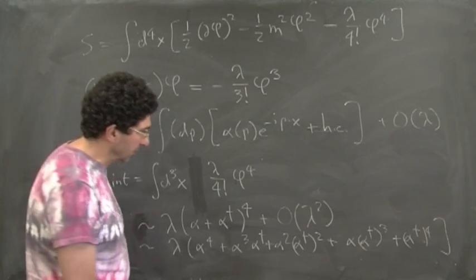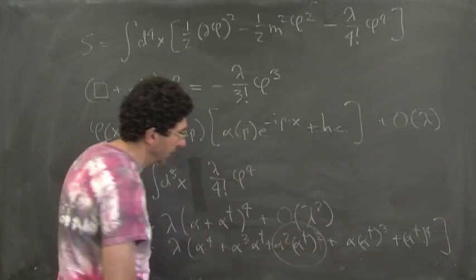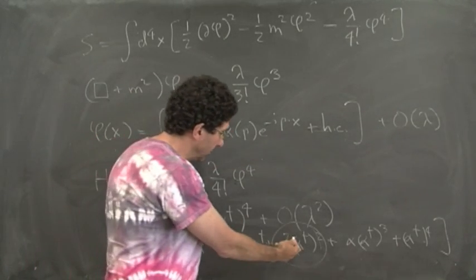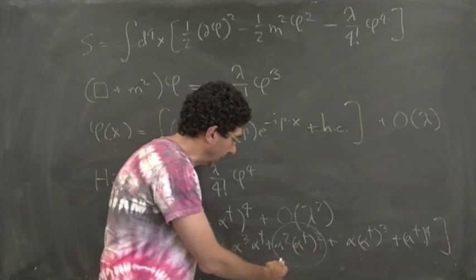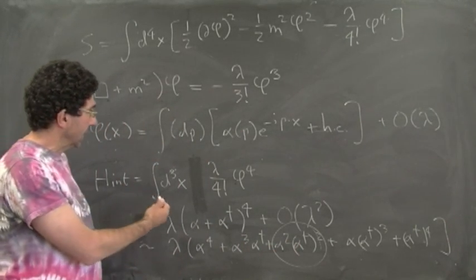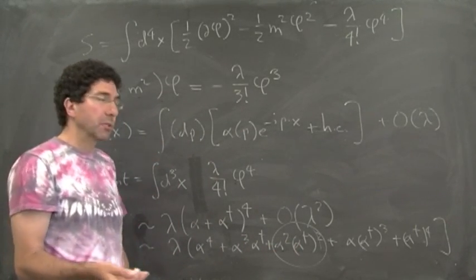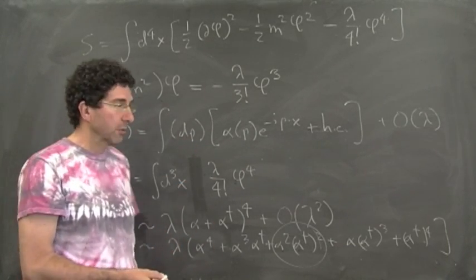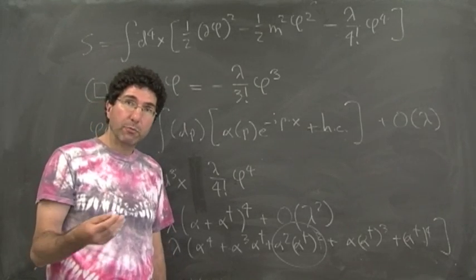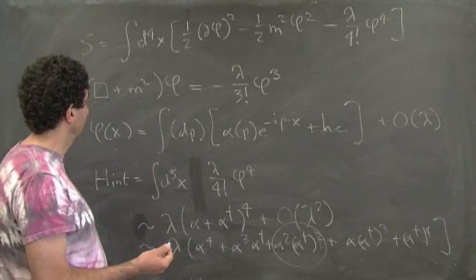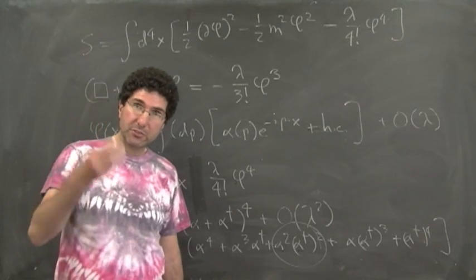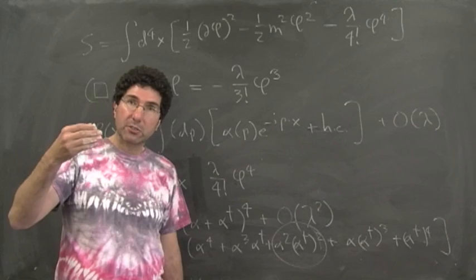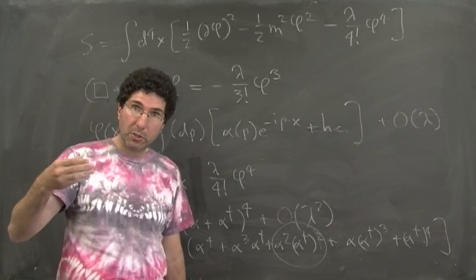Now let me just pick on one particular term here, the term with 2 alphas and 2 alpha daggers. What does this term do? We think of this interaction term as acting on the unperturbed space of states. In general, in quantum mechanics, if we do perturbation theory, we have some Hamiltonian that we can solve, and we have a set of eigenstates for that. The perturbation Hamiltonian then gives rise to transitions among the unperturbed states.